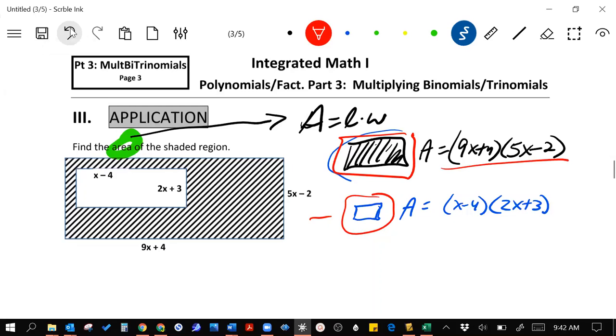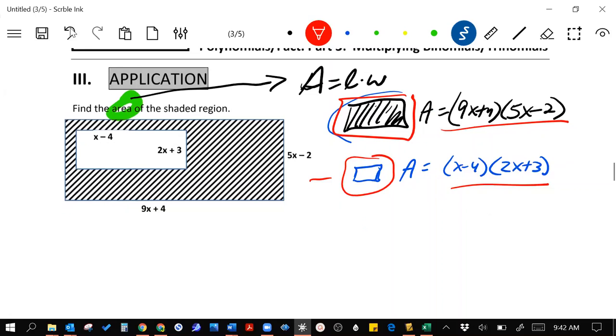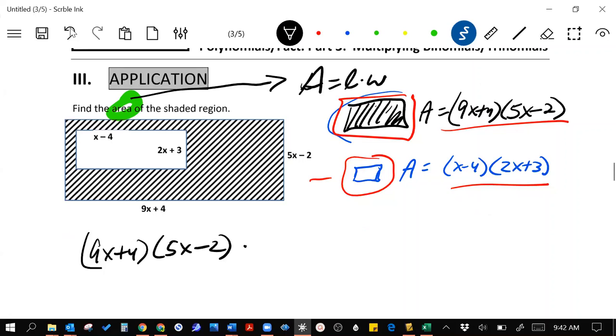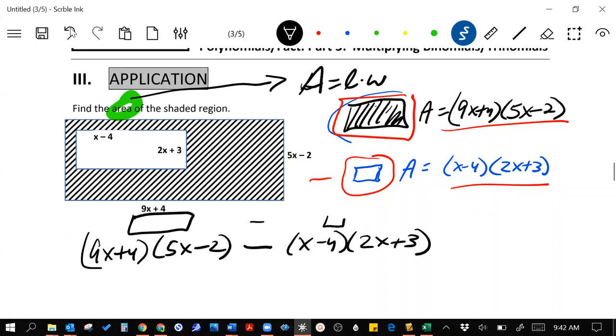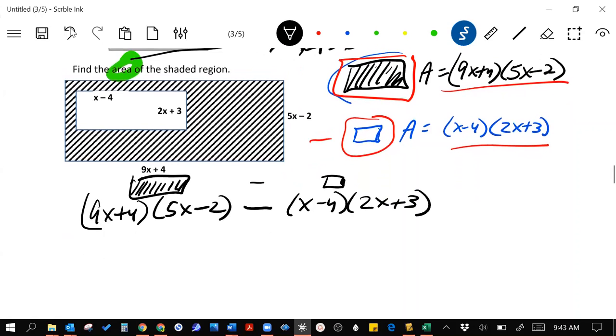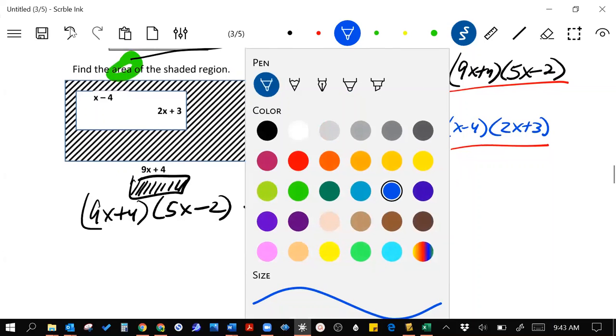So I'm going to do 9x plus 4 times 5x minus 2, subtract x minus 4 times 2x plus 3, because this is the big area minus the smaller one. So I'm just subtracting them after I'm multiplying them. It's order of operations. So let's actually go through this and do it.